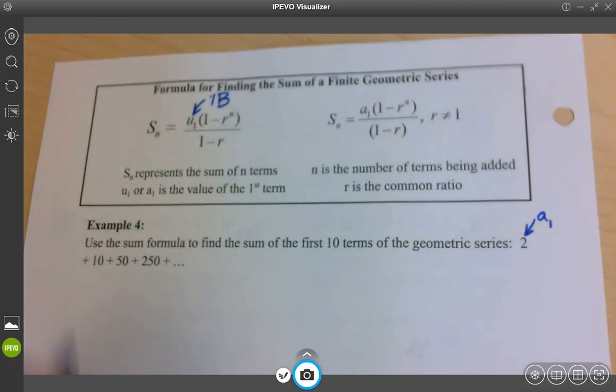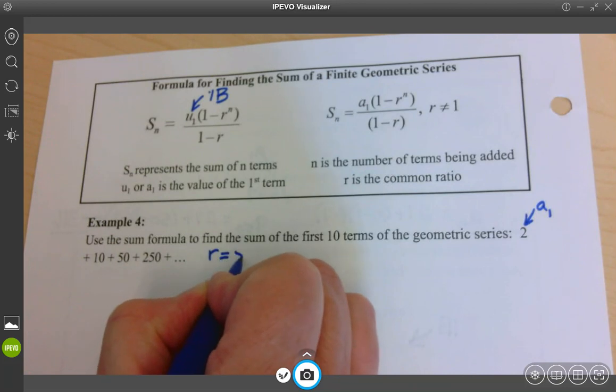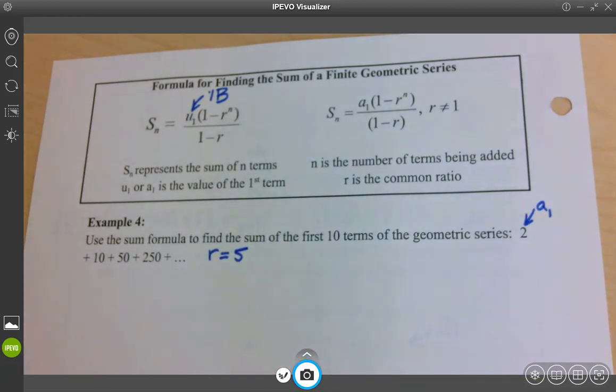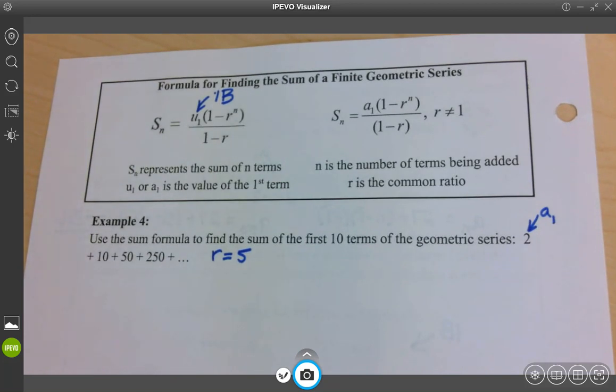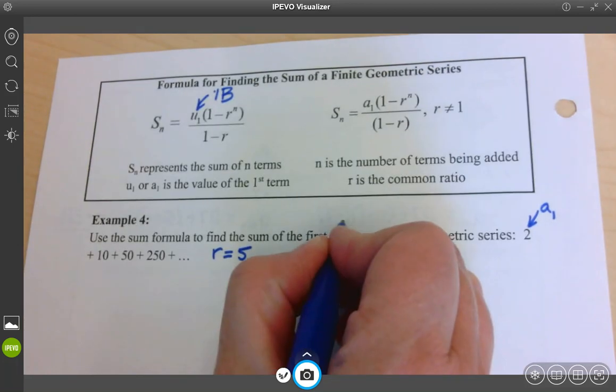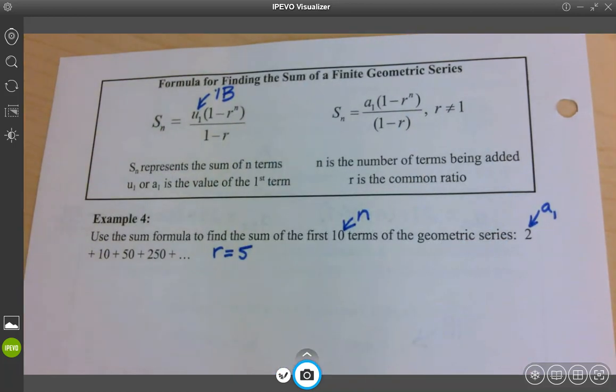Good. R is 5 because we're multiplying by 5 each time. And we also need n. What is n in this case? 10, because it's 10 terms. Good. All right. So go ahead and figure out example 4. And if you are doing fine with that, then you can also do example 5.